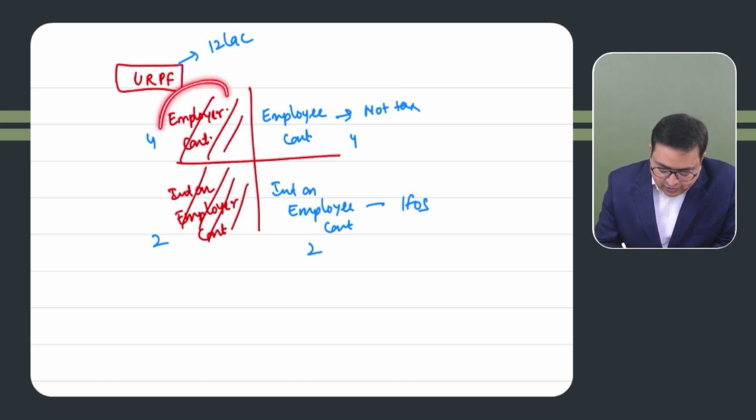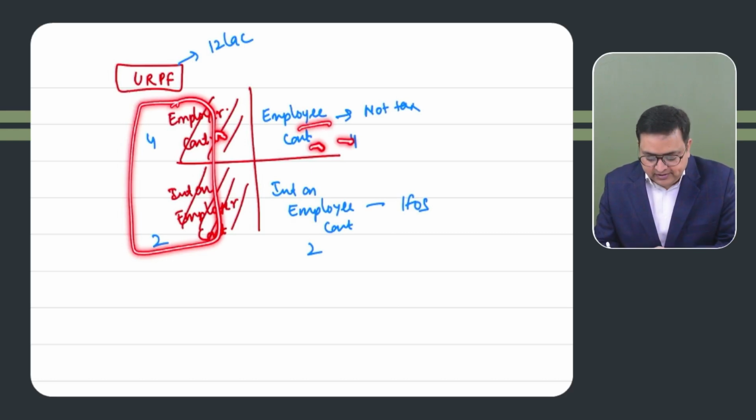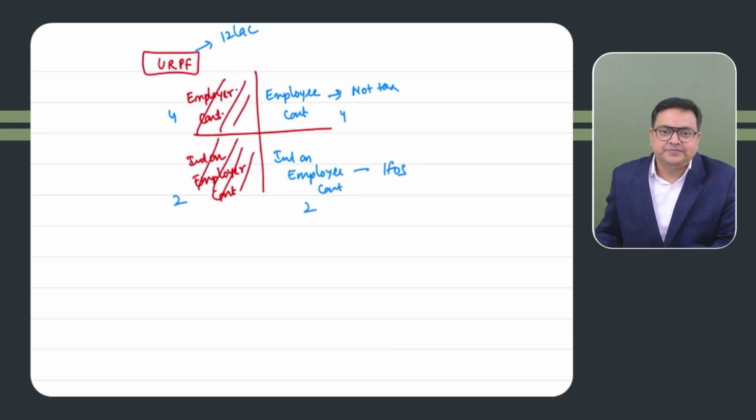So employer contribution plus interest on employer contribution, 6 lakh, will become salary income at the time when he is actually receiving it. 4 lakh is the employee contribution amount. This is not your income, right? This is not taxable, but interest on employee contribution would be IFOS. Got it? This is how you will be dealing with provident fund.